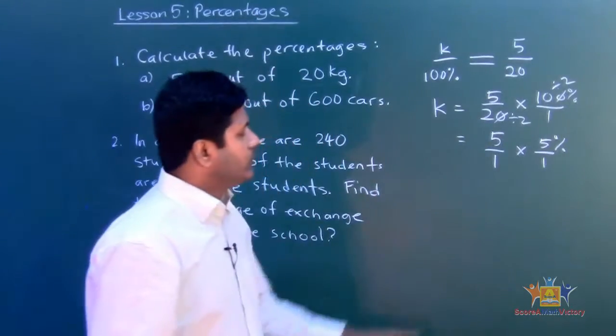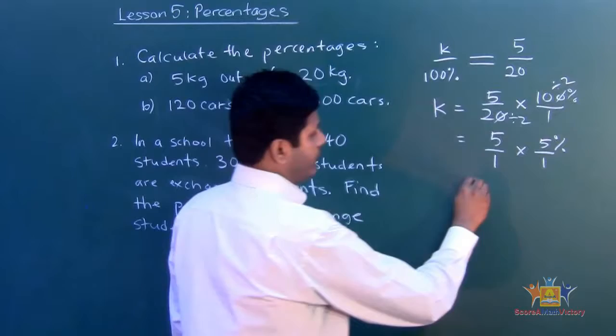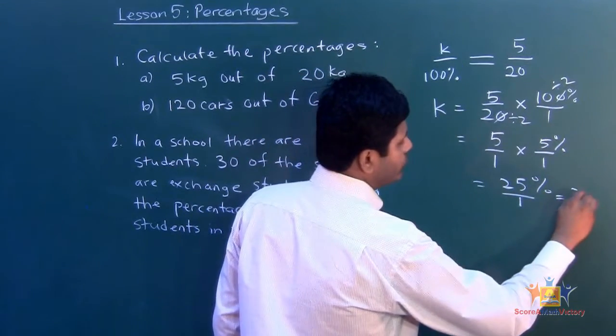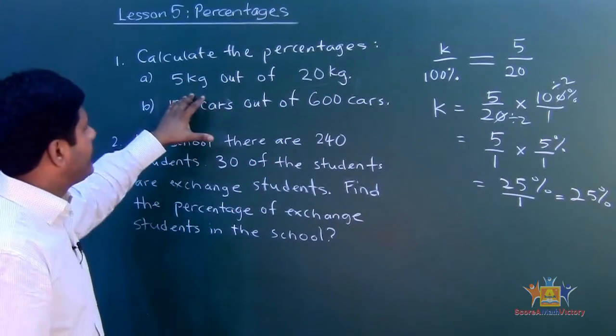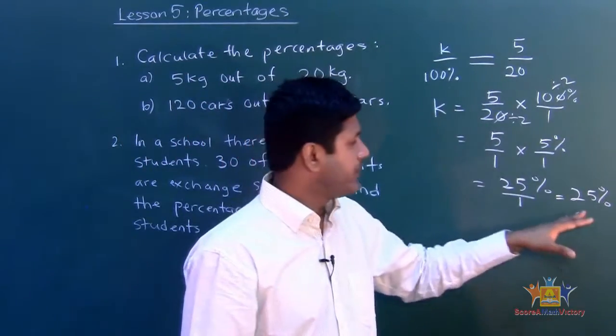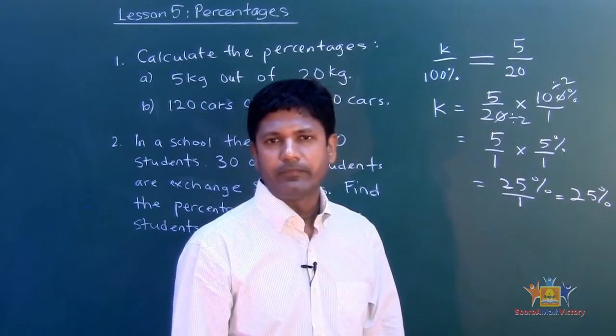So 5 times 5% is 25%, which gives 25% over 1, which is 25%. So 5 kilograms out of the 20 kilograms is 25%.